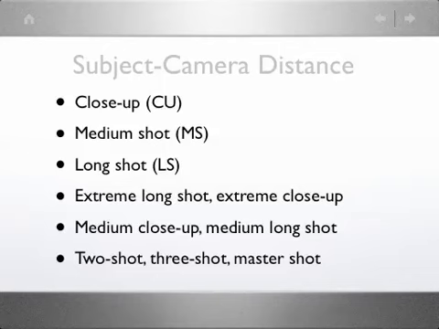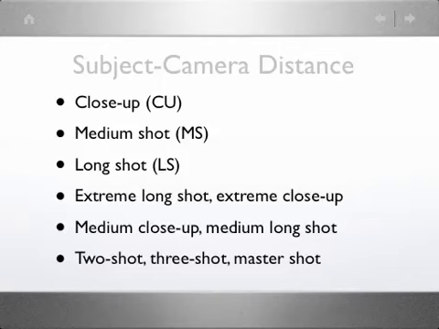A master shot is a type of long shot. A master shot is one that oftentimes will appear at the beginning of a scene and may be cut back to at different points within the scene to show us the whole area or the whole space within which a scene is taking place. It's called a master shot because it shows everything that is in that particular space.